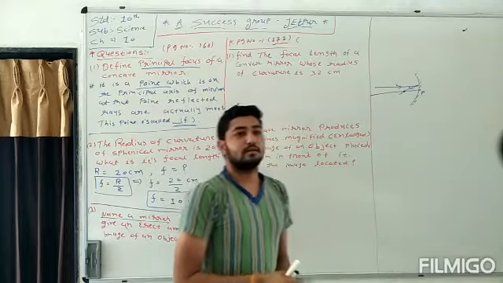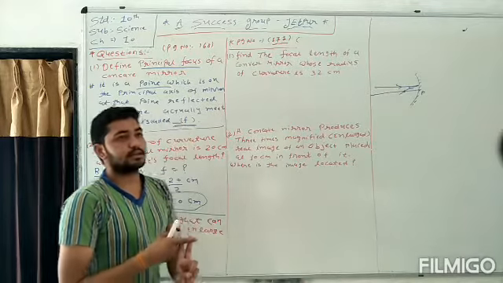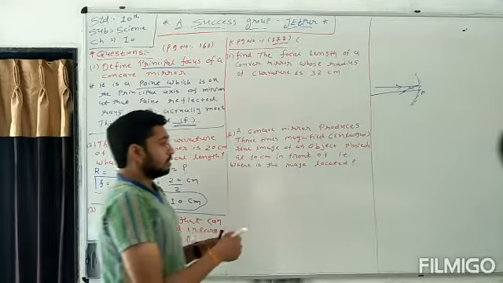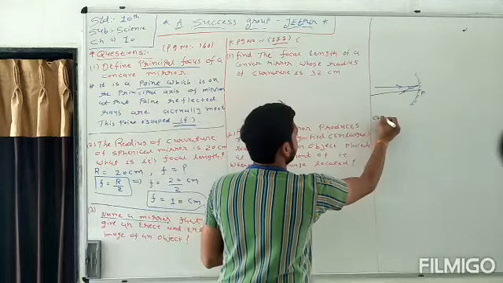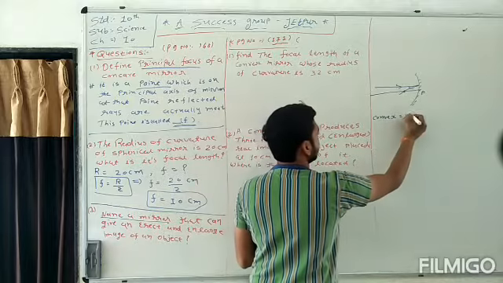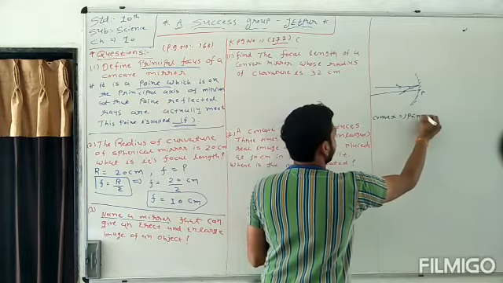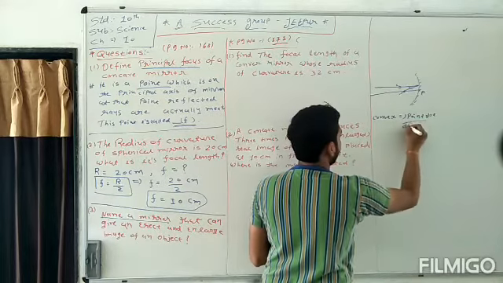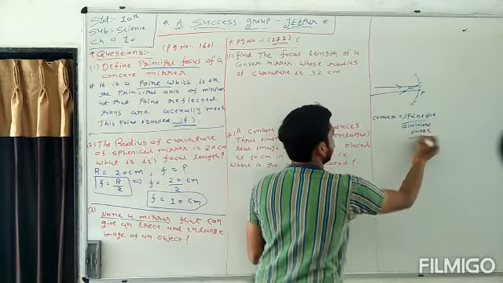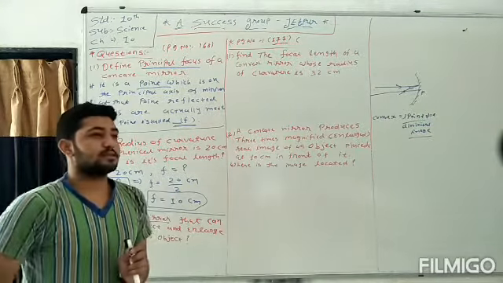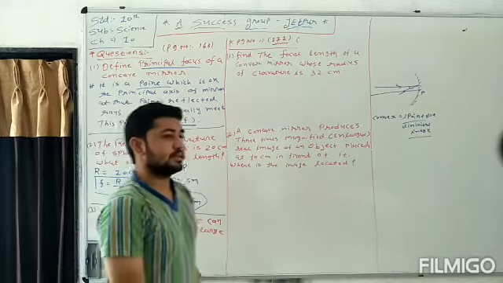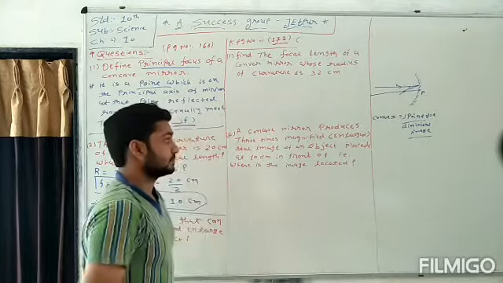First is concave mirror and second is convex mirror. You all know that a convex mirror always gives point size or diminished image.